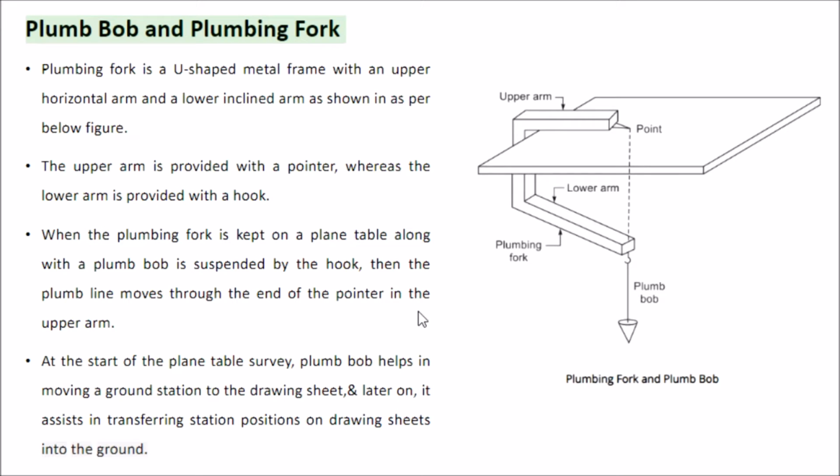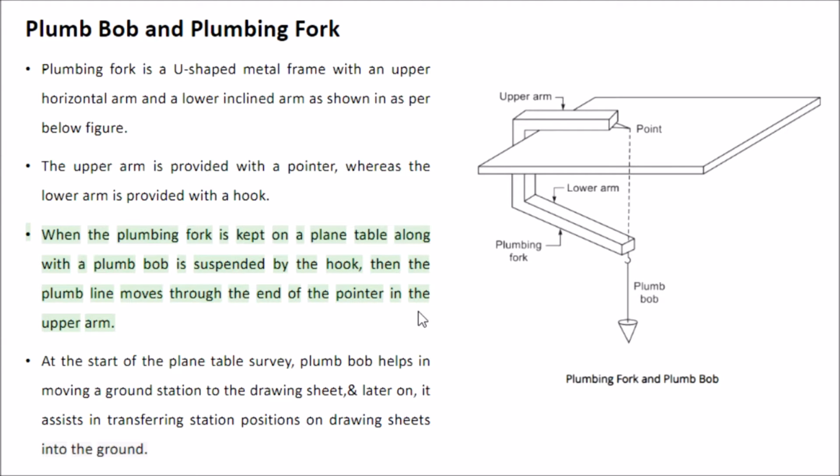Plumb bob and plumbing fork. A plumbing fork is a U-shaped metal frame with an upper horizontal arm and a lower inclined arm, as shown in the figure below. The upper arm is provided with a pointer, whereas the lower arm is provided with a hook.